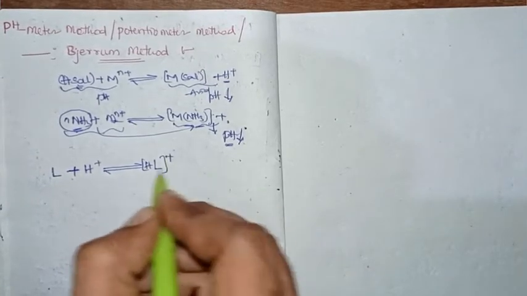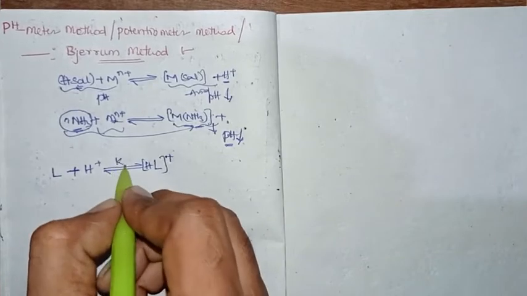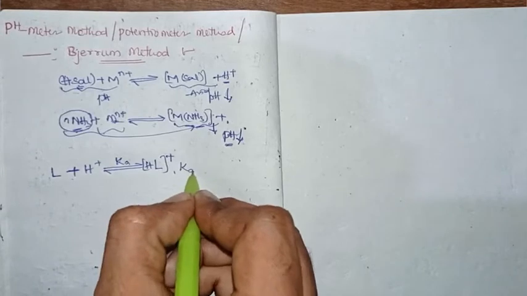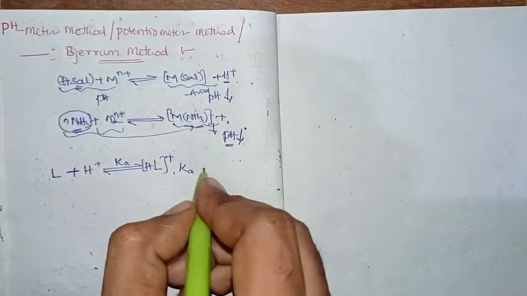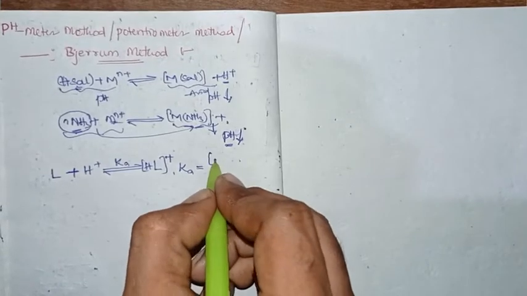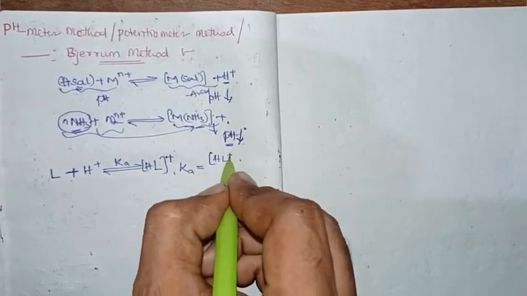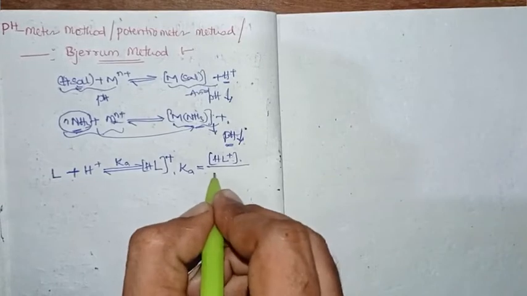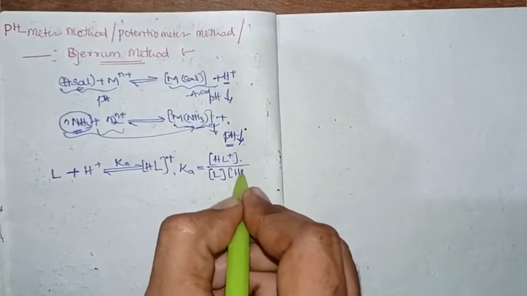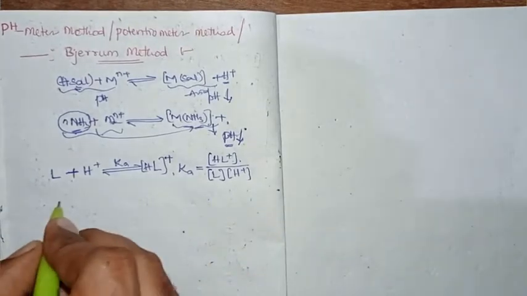Protonated ligand site it forms, and thus in an equilibrium the association stability constant Ka can be equal to the protonated ligand complex concentration divided by the product of ligand concentration and proton concentration.